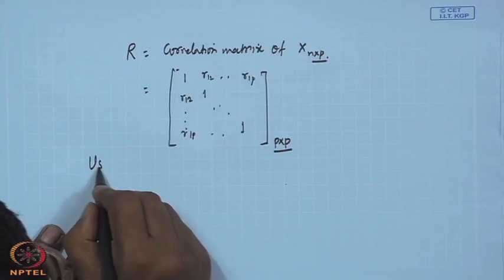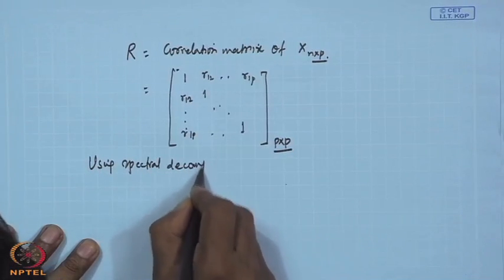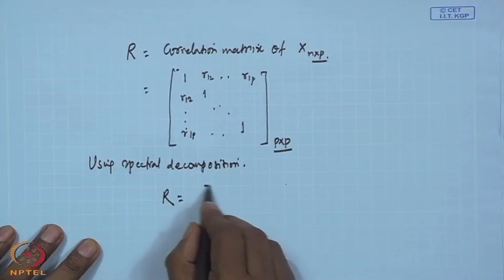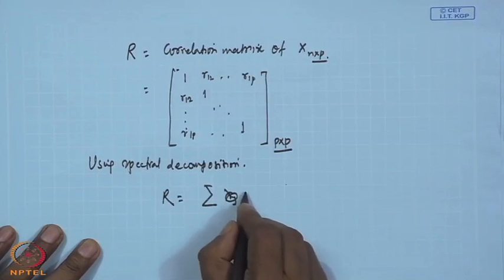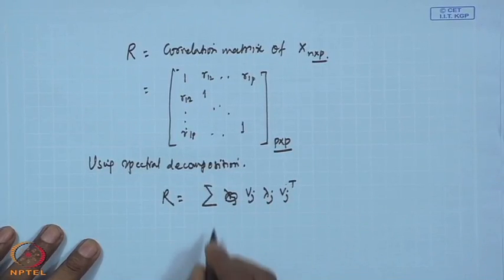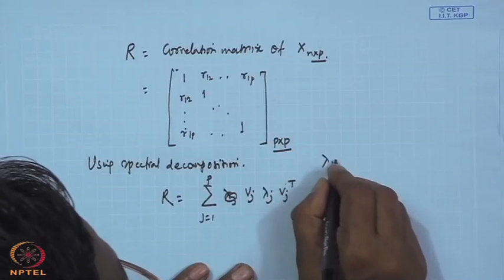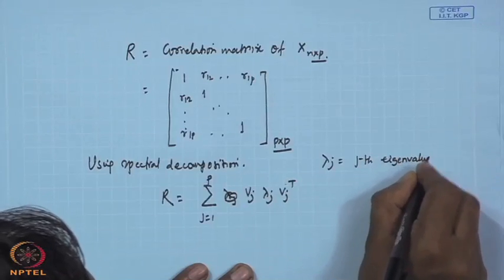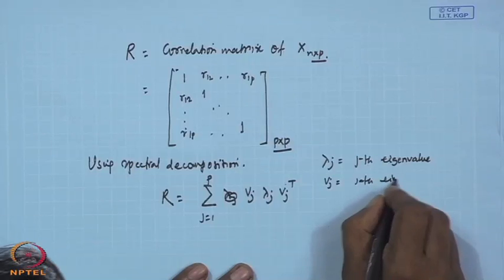Now, using spectral decomposition, this R can be written as the sum of V j lambda j V j transpose, j equal to 1 to P, where lambda j is the jth eigenvalue and V j is the jth eigenvector.